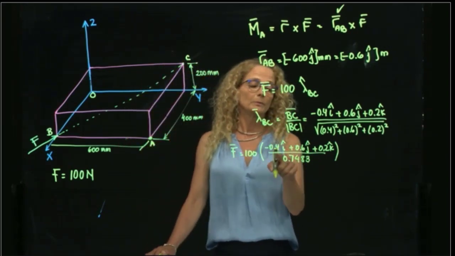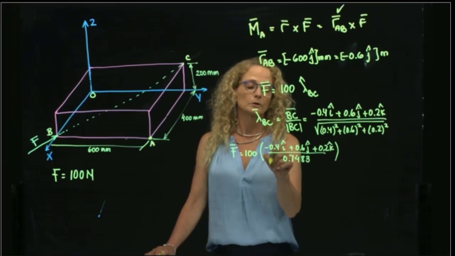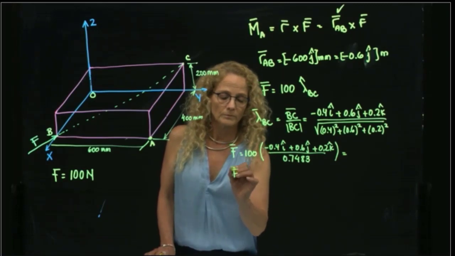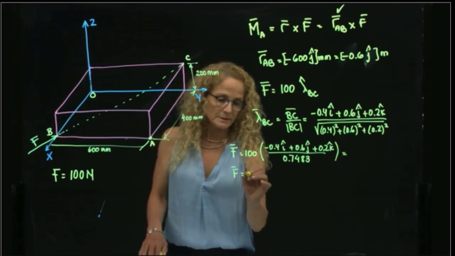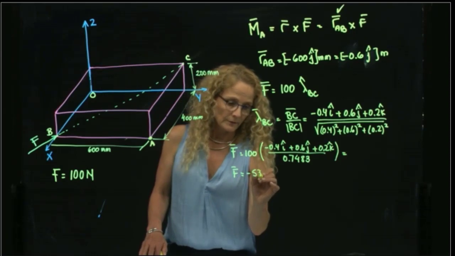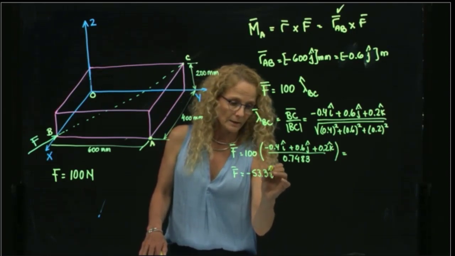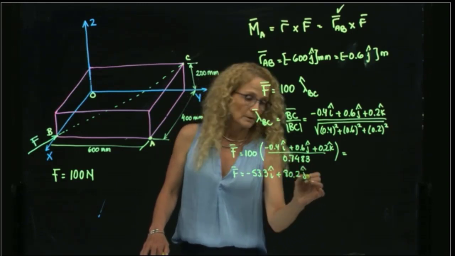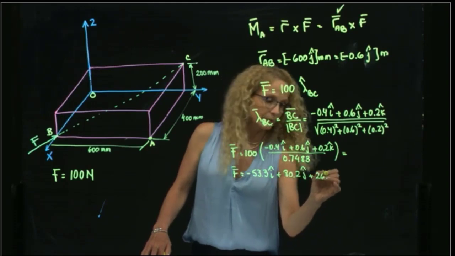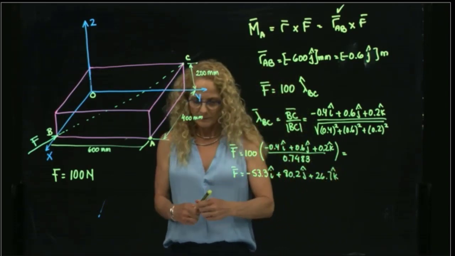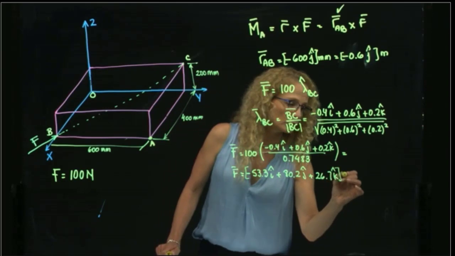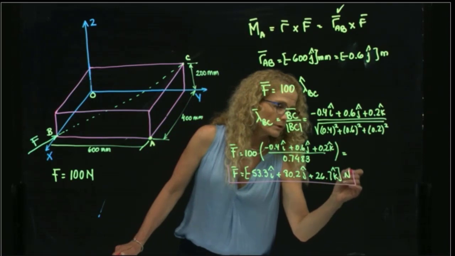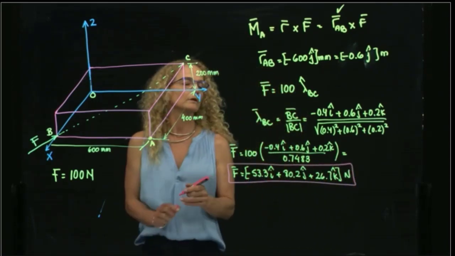When I do this multiplication, the force is negative 53.3 I plus 80.2 J plus 26.7 K. This is in newtons. I never forget the units. It is very important because it gives us the consistency of the problem.